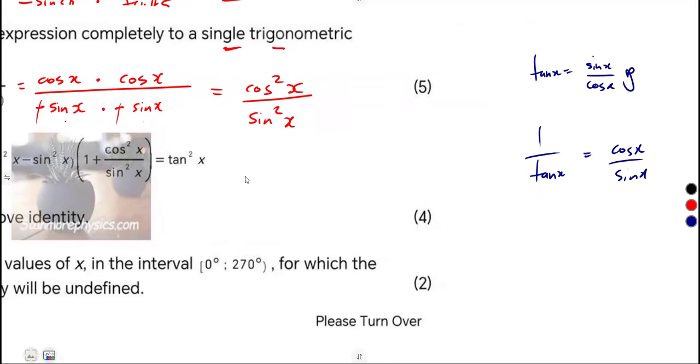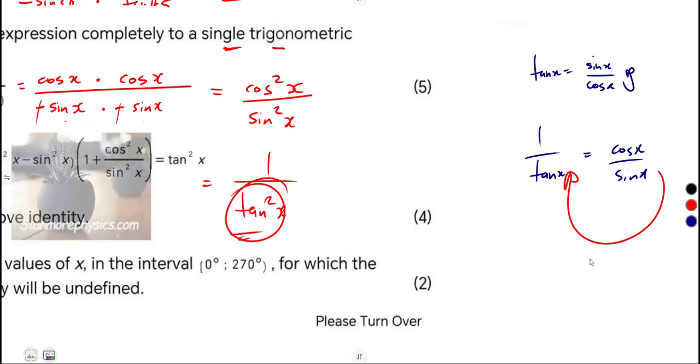So cos squared over sine squared is simply the reciprocal of a tan, but this one will be tan squared, since both are squared. That's a single trigonometric ratio that we have at the end, a tan.